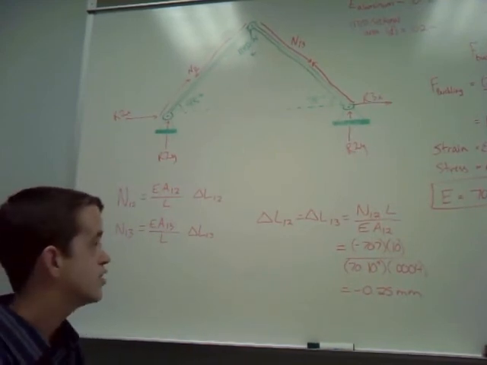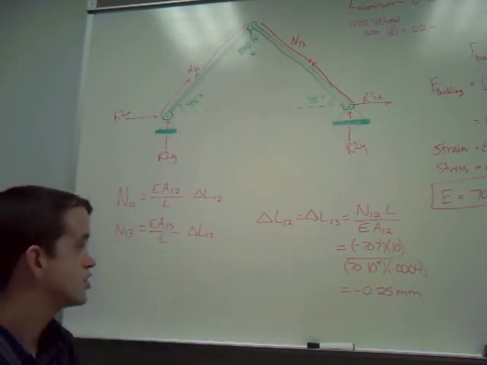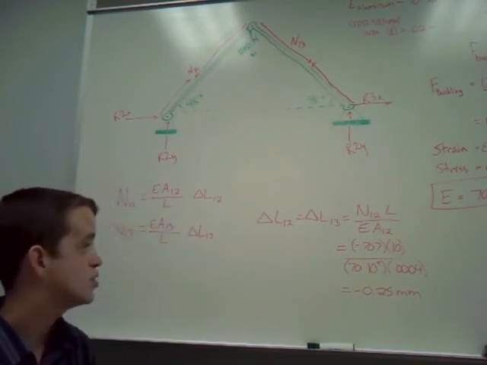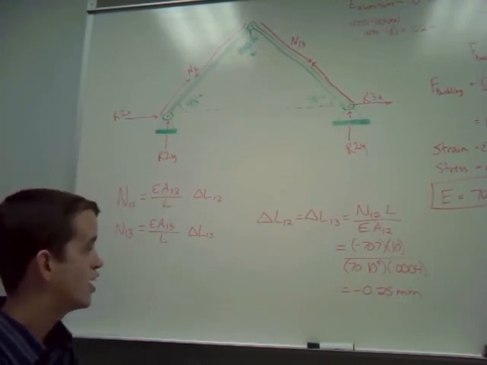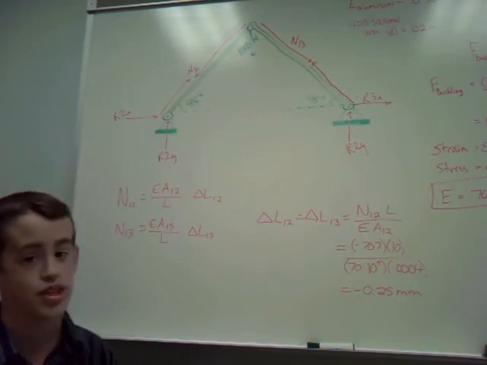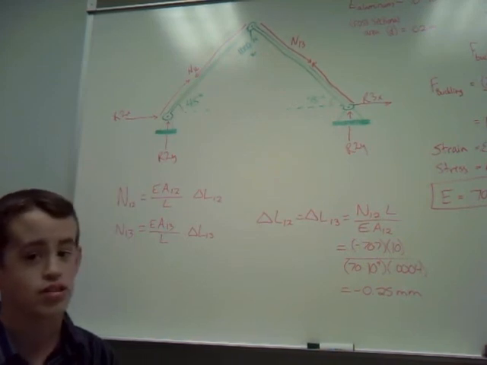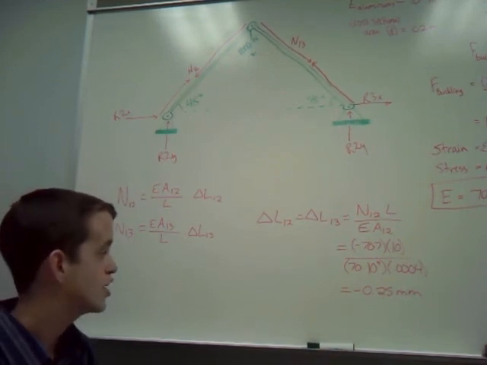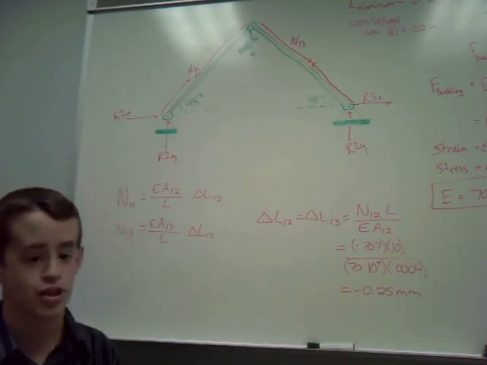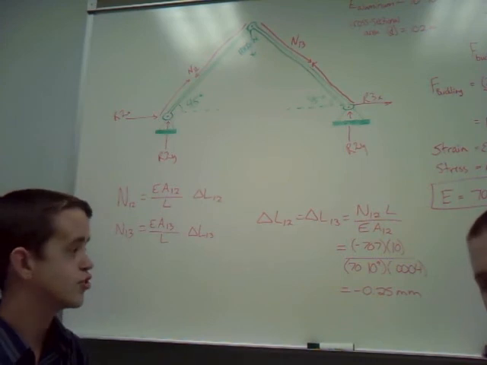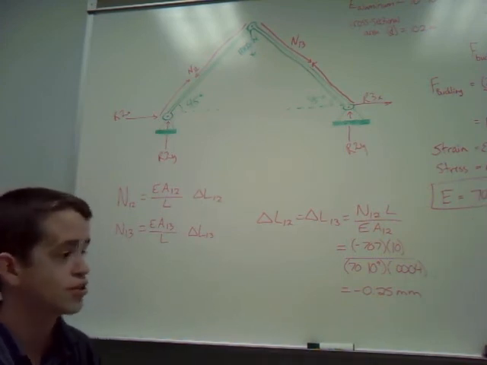So using our two equations over here, we can set this equal to the internal force between joints 1 and 2 times the length divided by Young's modulus times the area. Plugging in all of our numbers for that, we get an elongation of negative 0.25 millimeters. So this means that instead of stretching or expanding, both bars are compressing.